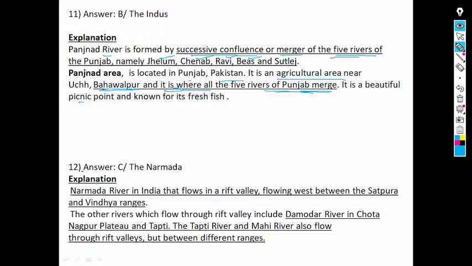It is a beautiful picnic point, and fresh fish is also available there.